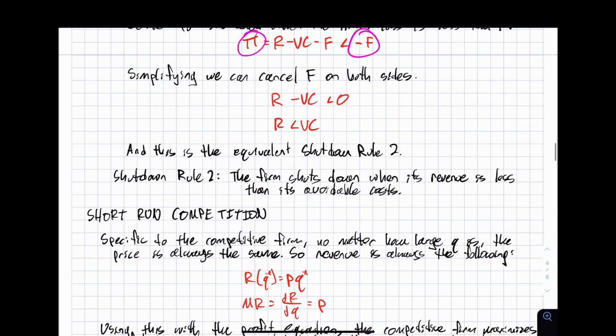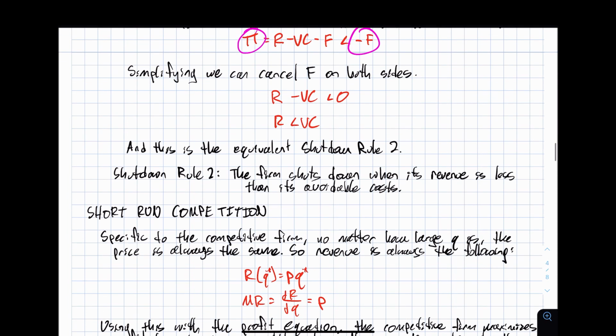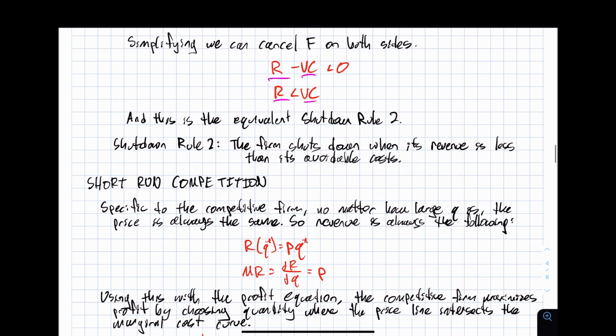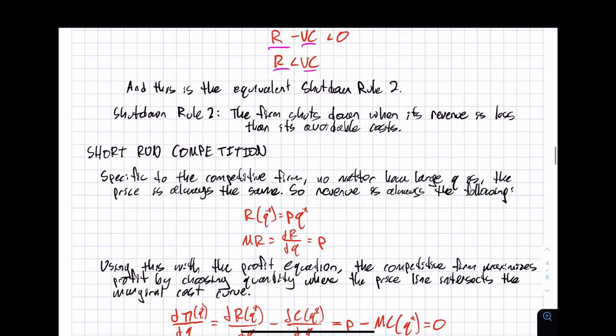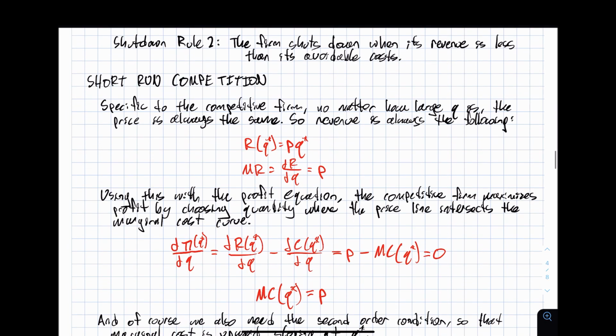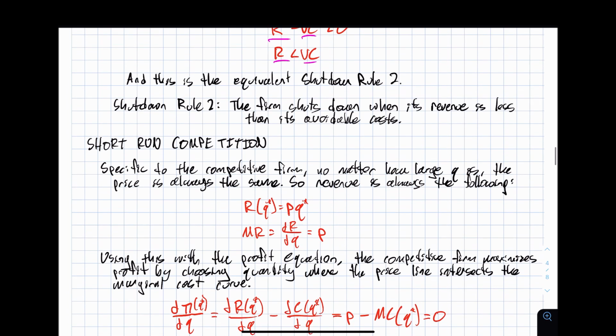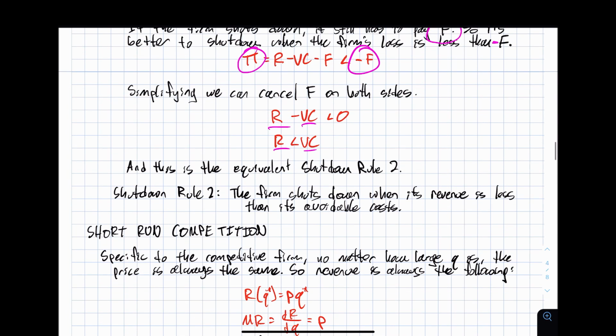So if we rearrange this, we can eliminate F from both sides, which leaves us with R minus VC. And then we rearrange this again, which gives us R is less than VC. So doing this math here, it gives us a more formal shutdown rule, which is shutdown rule number 2, that the firm shuts down when its revenue is less than its avoidable costs, which is VC.